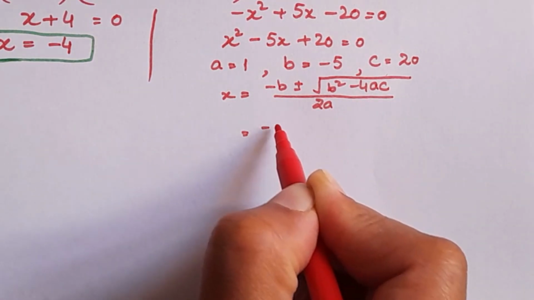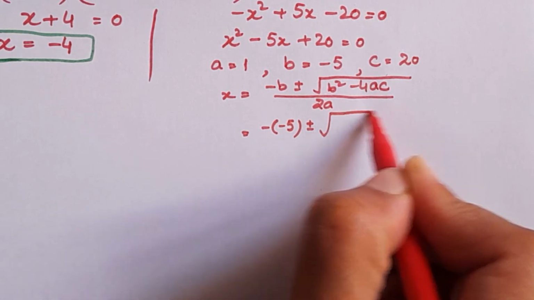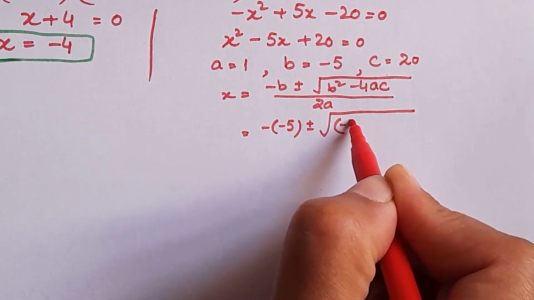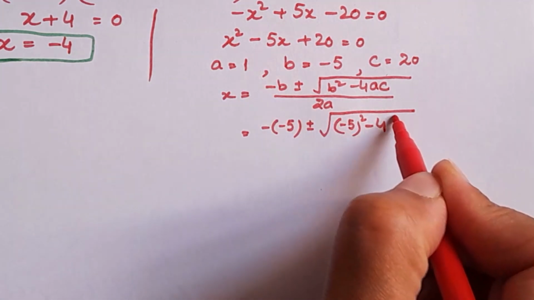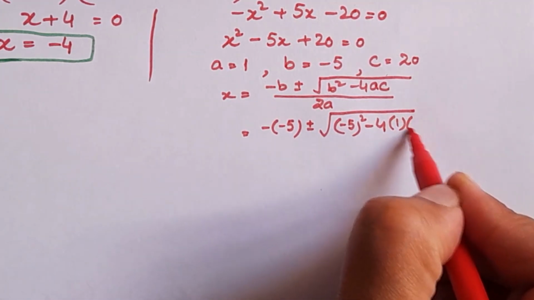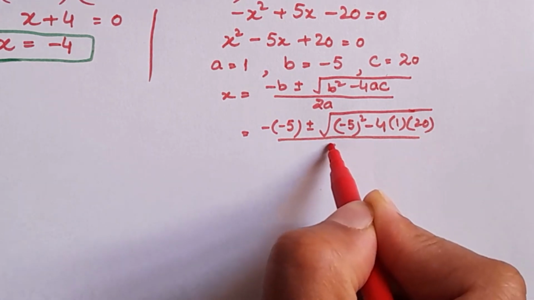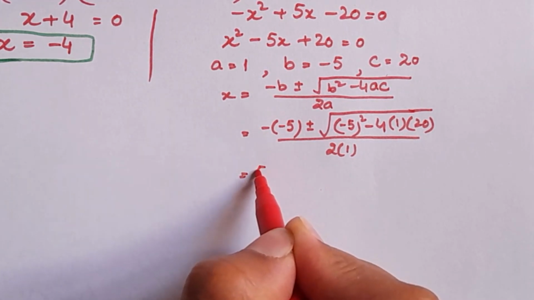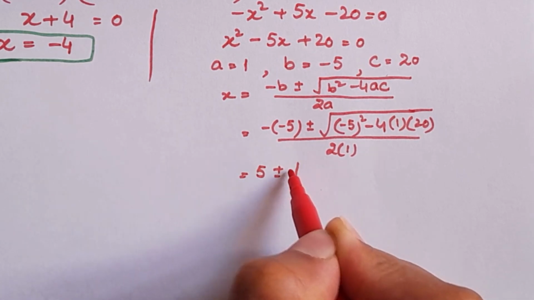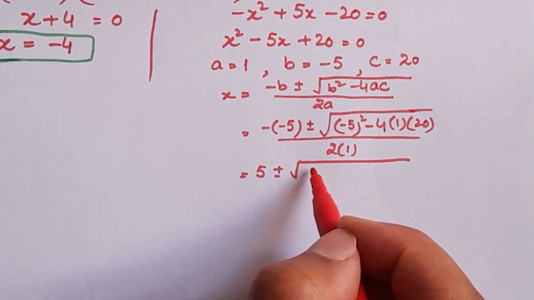After putting the values, negative times -5, plus minus root of -5 square minus 4 times a is 1, c is 20, all divided by 2 times 1. Negative times negative is positive 5, and -5 whole square means 25.